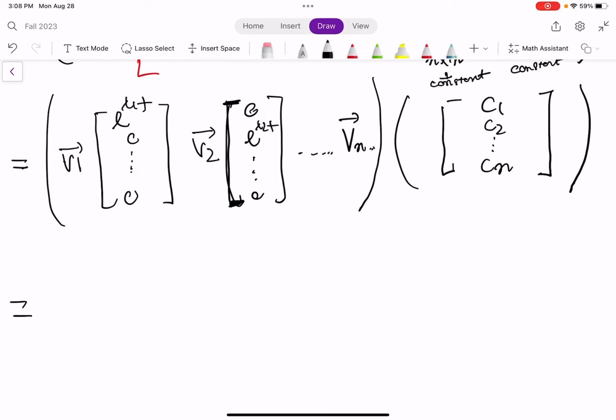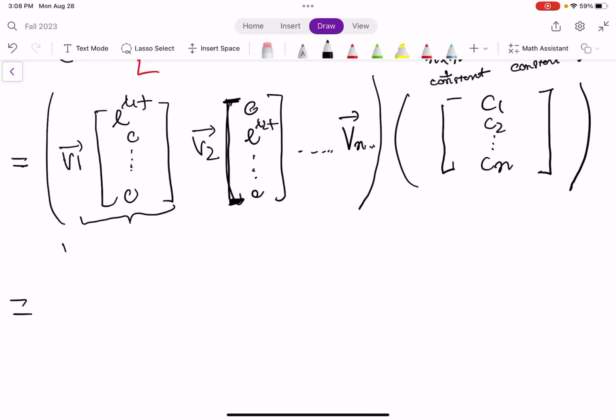Because this will be equal to v1 e to the lambda 1 t plus v1 times 0, plus on the way to v1 times 0, and all of these are going to be v2 times 0 plus v2 times e to the lambda 2 t, and so on.